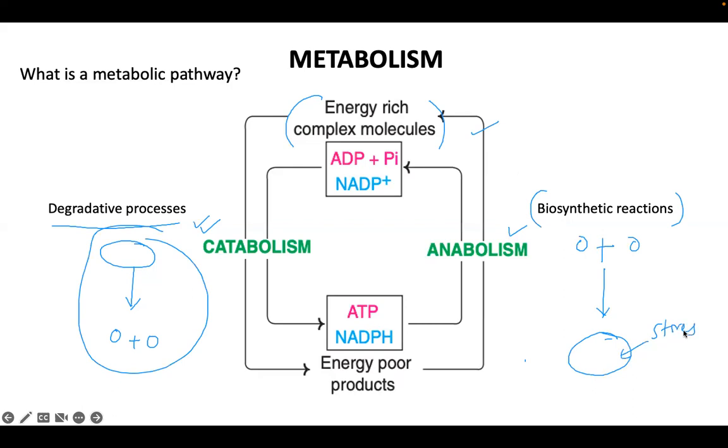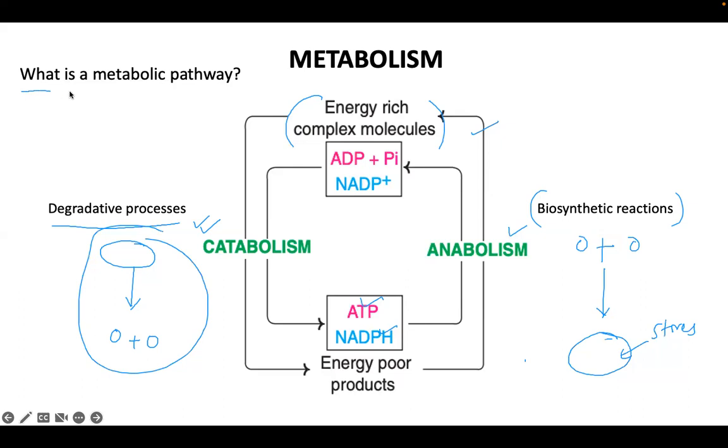So, catabolism and anabolism are the two major components of metabolism, and they both are opposite of each other. The catabolic processes are involved in the degradation of molecules for the production of energy, basically the ATP and NADPH molecules. And on the other hand, anabolism is involved in the production of energy rich molecules by the consumption of energy. And they are also called the biosynthetic reactions.